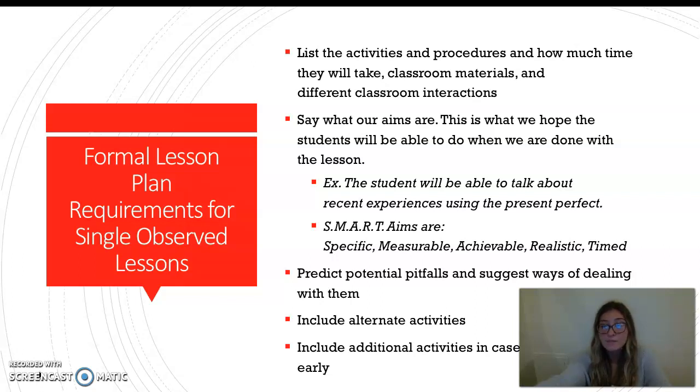So any problems we think might arise, we want to find solutions to them in our pre-planning stages to make sure that if they do arise, we'll be prepared. We want to include alternative activities for said problems. And we want to include additional activities in case some students finish early and then they're left with nothing to do because our lesson plan wasn't timed as effectively as it could have been.